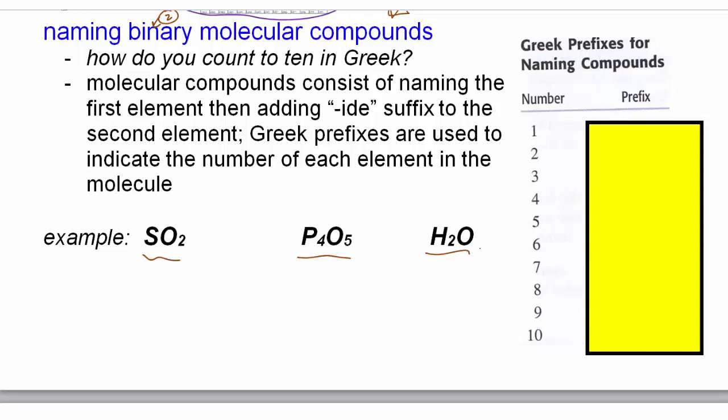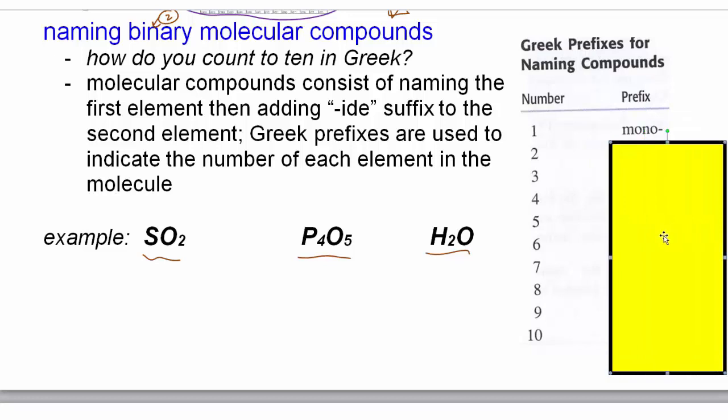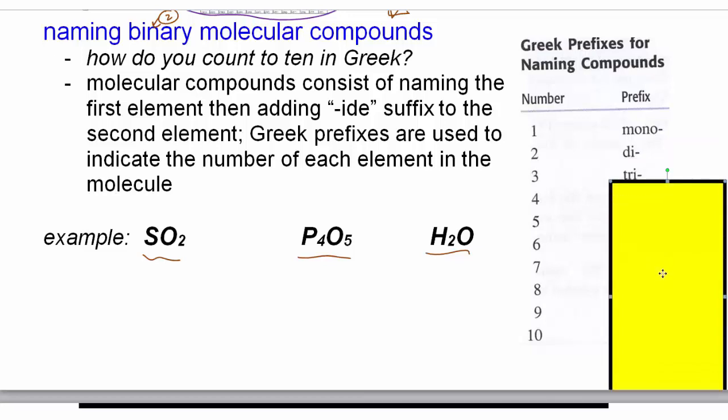How do you count to 10 in Greek? We have to know how to count to 10 in Greek in order to name molecular compounds. So, how do you say 1? Mono. 2, di. 3, tri. 4, tetra.